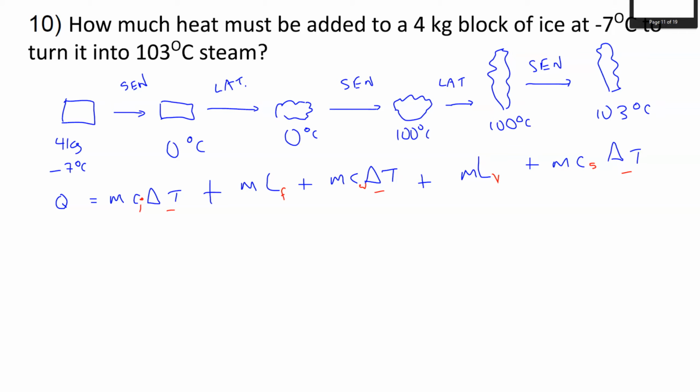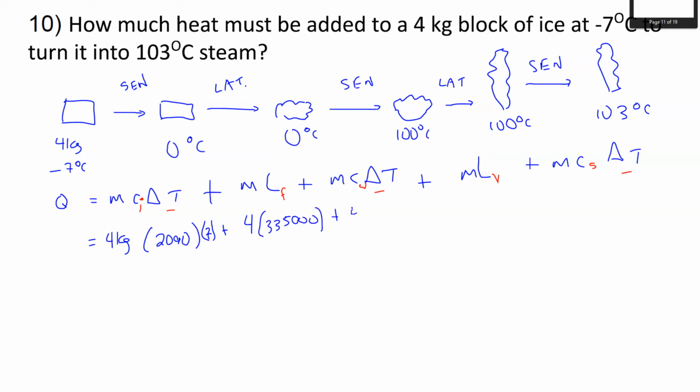It's not that bad. Here is 4 kilograms, and I got to put in the number. All these numbers again to be given. I want to say that's 2090, and then here I've got a change of 7 degrees. Well, I was leaving out the units just because I'm short on space here, but I would encourage you to put them in there and make sure that they work out. This one is 335,000.